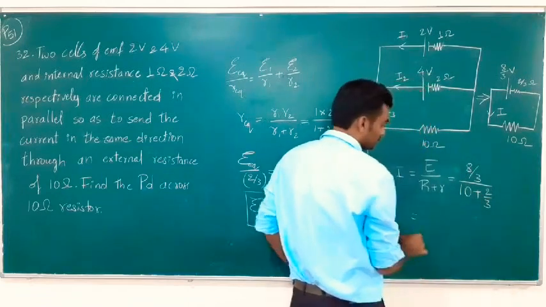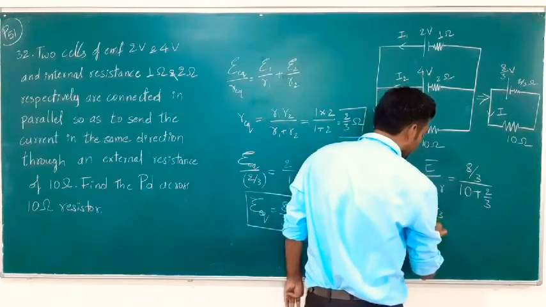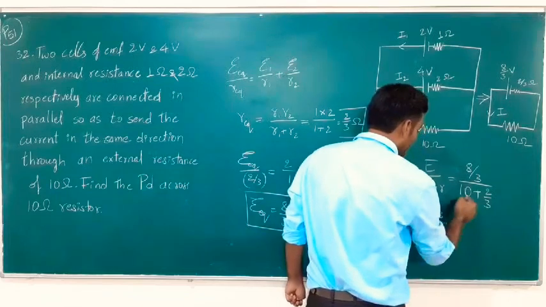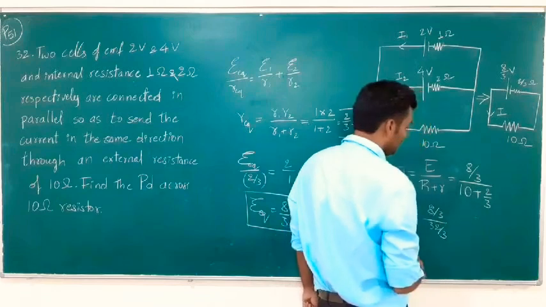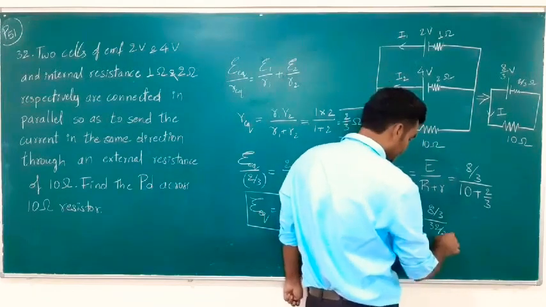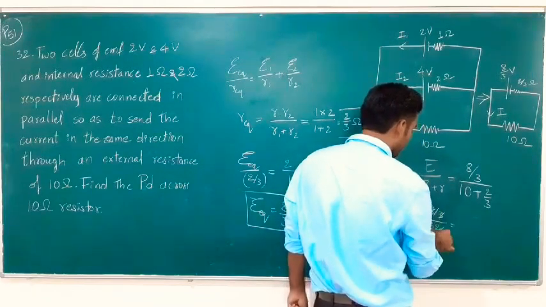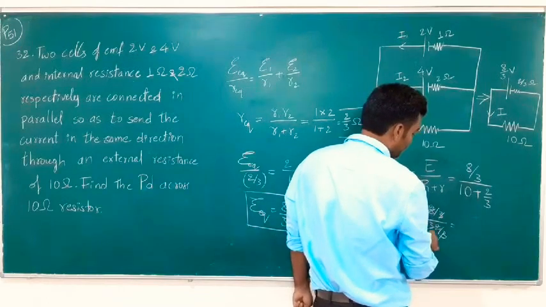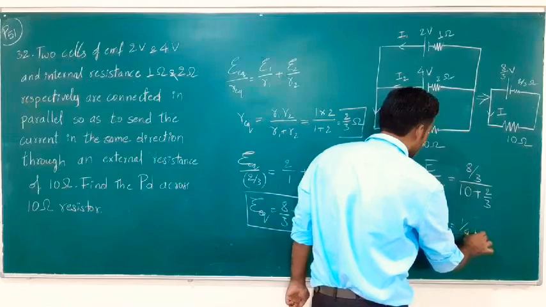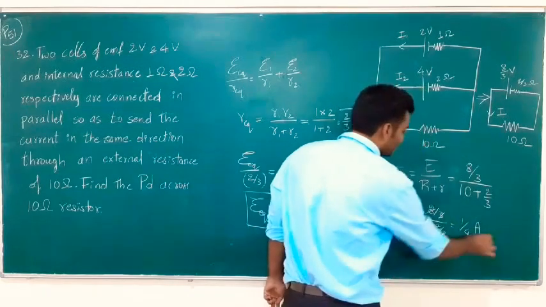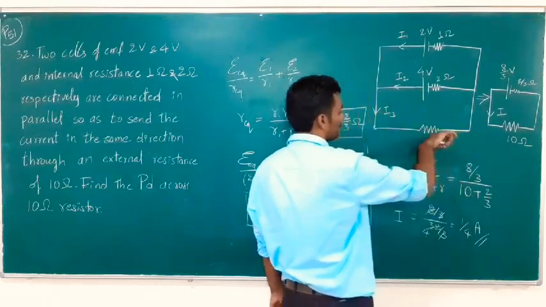Simplify this: 8 by 3 divided by 32 by 3, right? So 3 and 3 cancel, 8 ones are 8, 8 fours are 1 by 4, or 0.25 ampere. So this is the current flowing through the resistor now.